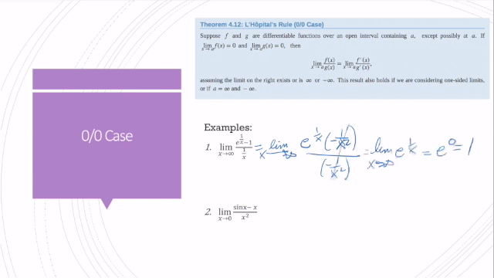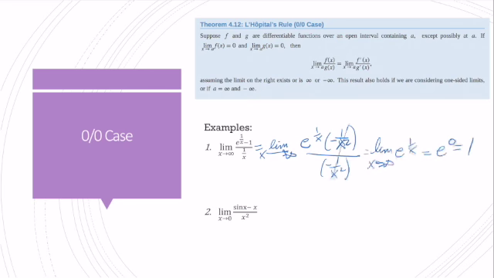These are going to cancel. So I have the limit as x goes to infinity of e to the 1 over x. Well, as x goes to infinity, 1 divided by infinity is going to be really, really close to 0. So I have e to the 0 power, and any number to the 0 power is just 1.